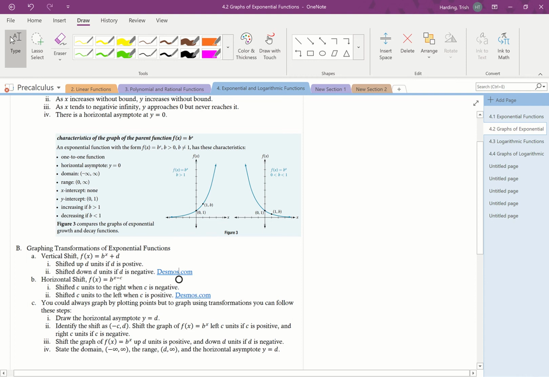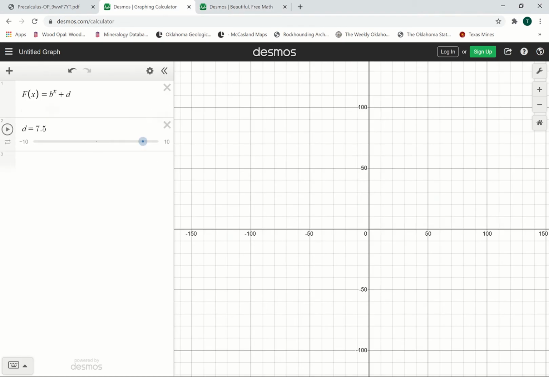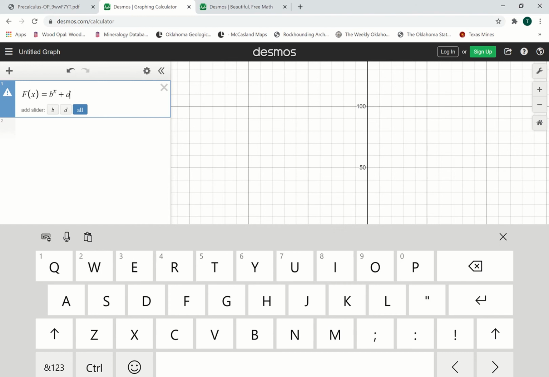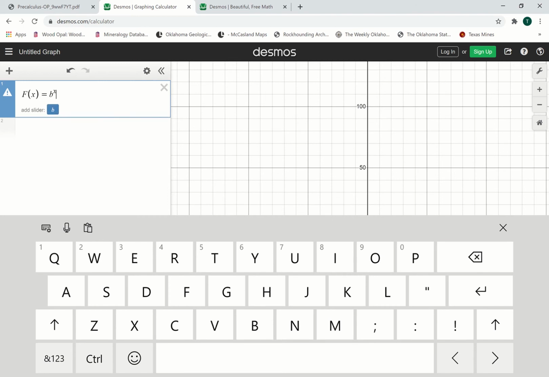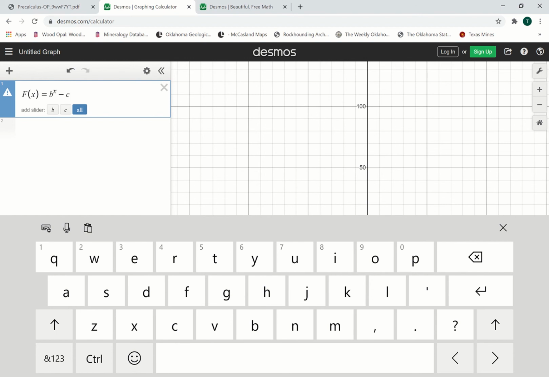Now, to move it left or right in the x, we're going to do b to the x minus c. So I'll go ahead and get rid of these. We'll do minus c.